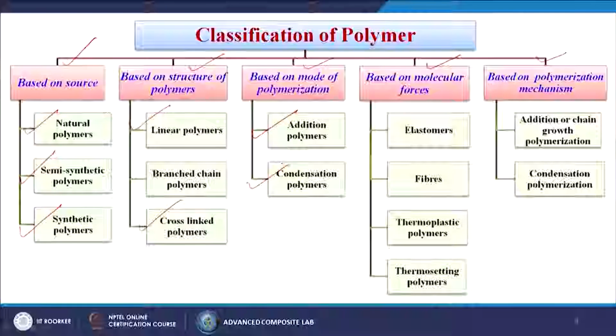When we talk about molecular forces, it is divided into elastomers, fibers, thermoplastic polymers and thermosetting polymers. And polymerization mechanism is divided into two parts, that is addition or chain growth polymerization and condensation polymerization.